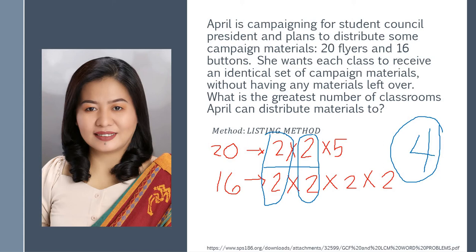So it will tell us that April can distribute to 4 classrooms without having any leftover. That is the greatest number of classrooms that she can distribute the materials to. Okay, so we have solved our first problem. We now move on to our next problem.